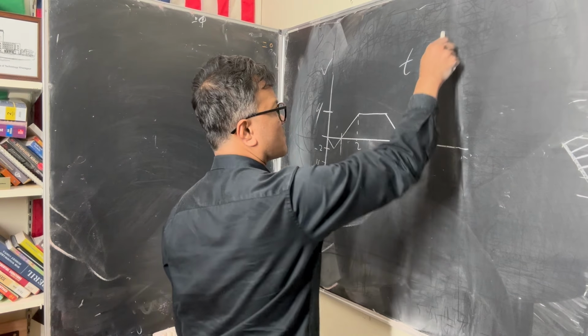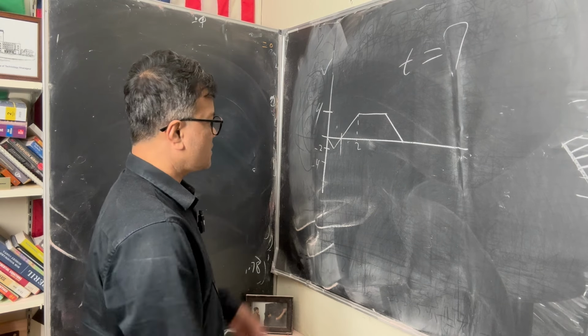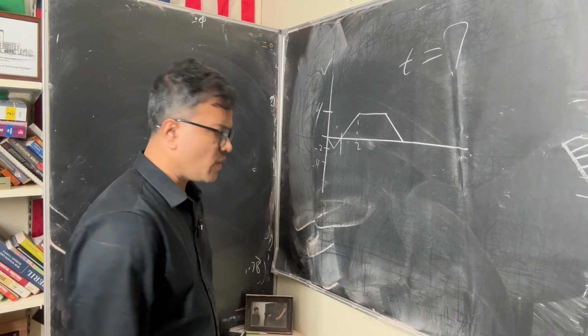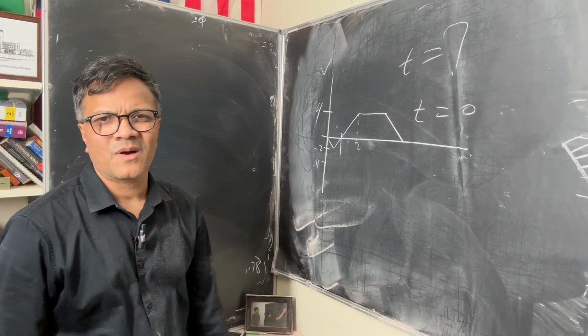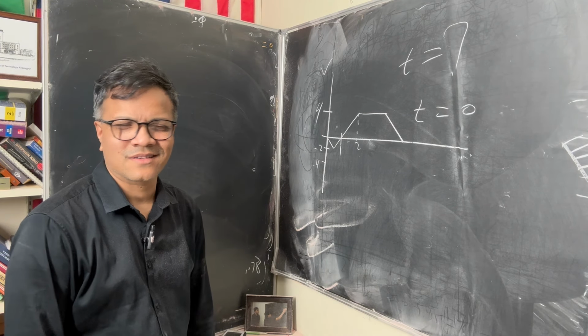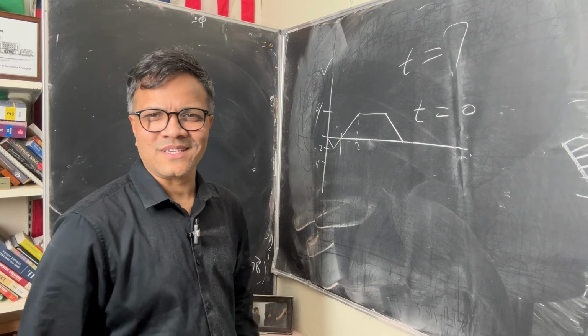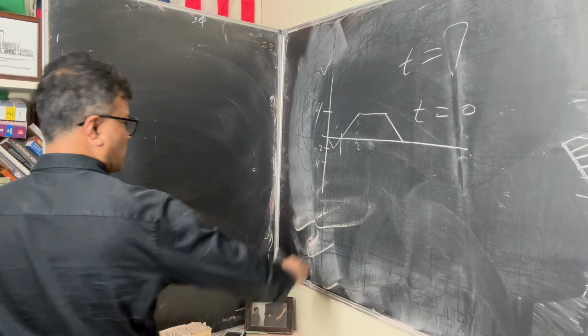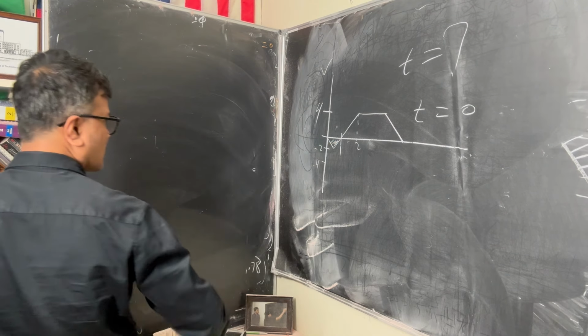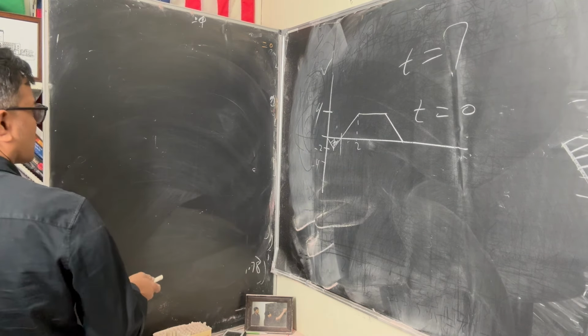And at what time is the object at the origin? Well, very easy. At time 0, the object is at the origin. Well, what is the other time the object is at the origin? That's what I'm actually asking. So find the area over here. So this is BH.